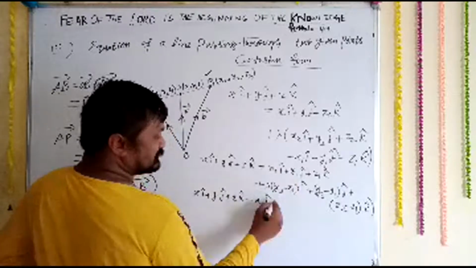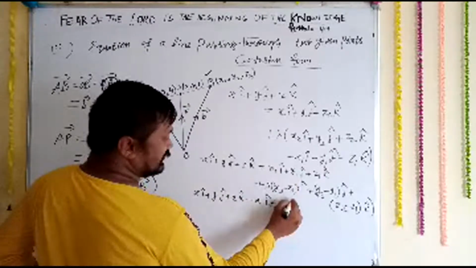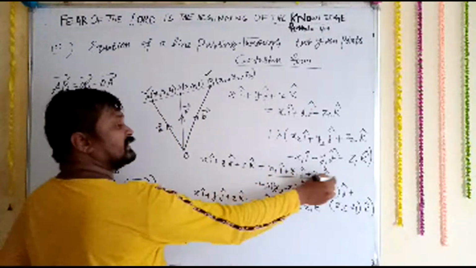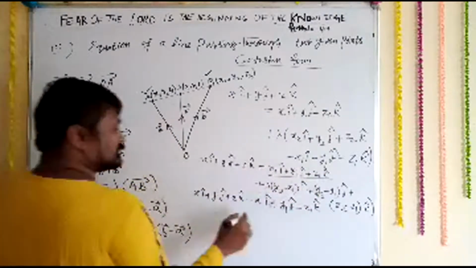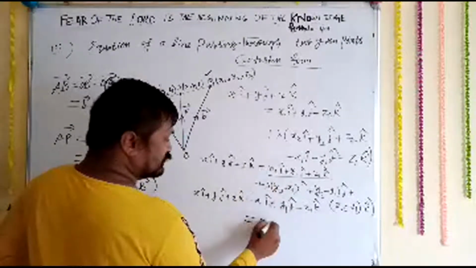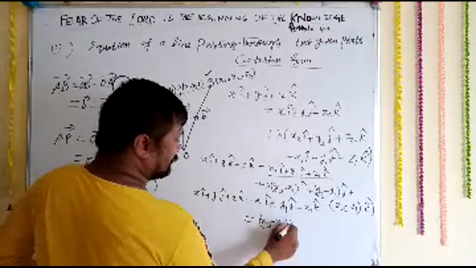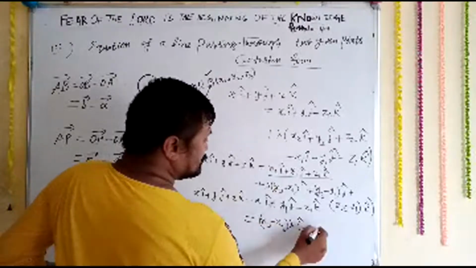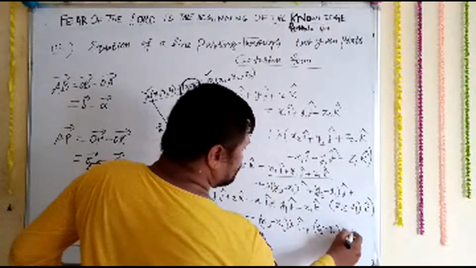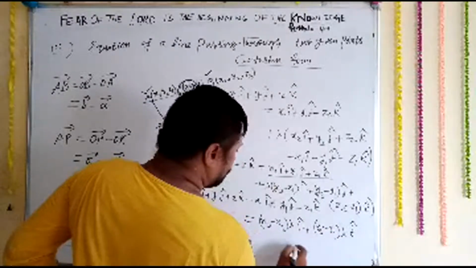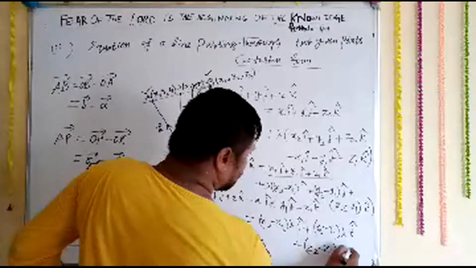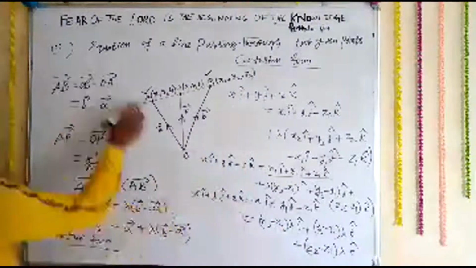That is equal to, in all the places, (x2 minus x1) into lambda i cap plus (y2 minus y1) lambda j cap plus (z2 minus z1) into lambda k cap. Now this part I write again so that the continuation will be clear.